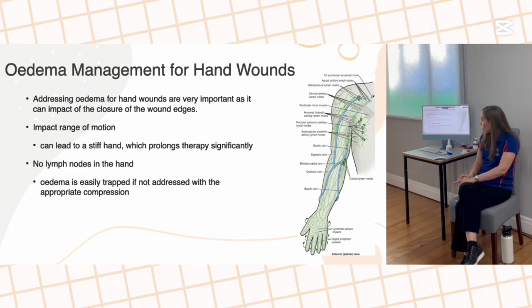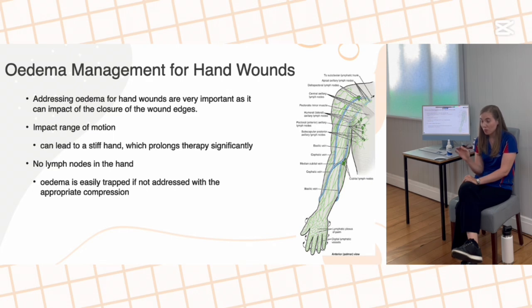So we have our edema management. Edema, like I mentioned before, is really important to talk about, because this can really impact our range of motion, especially when we need to get someone moving. With tendons, if someone's tendon repair isn't moving, or if we're not able to even passively get them to a half fist, it's not the tendon that's at fault, it's the edema.